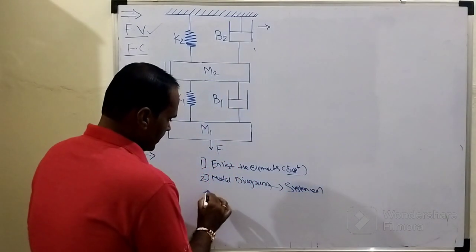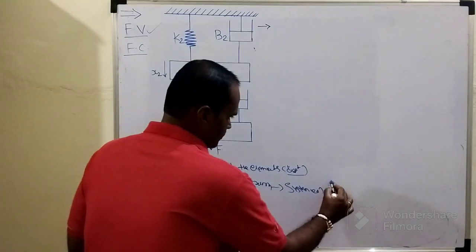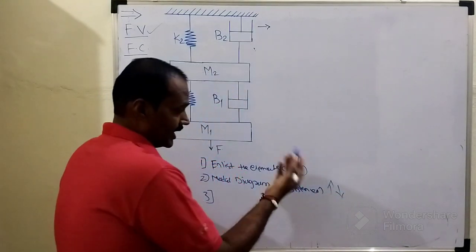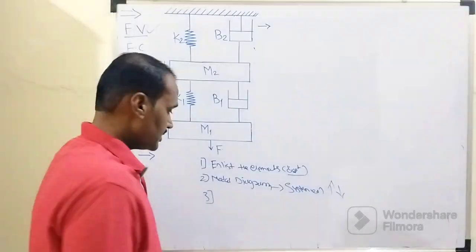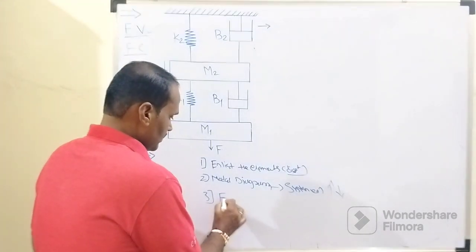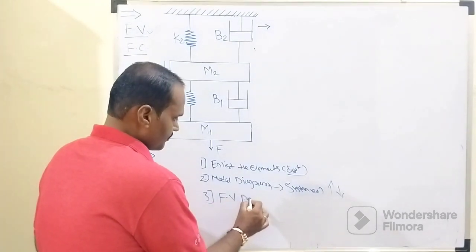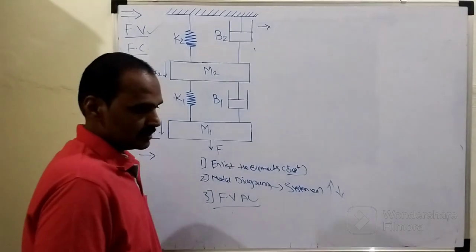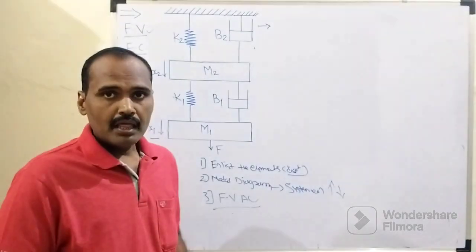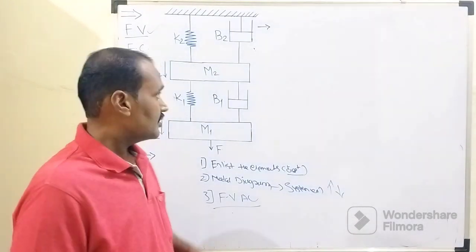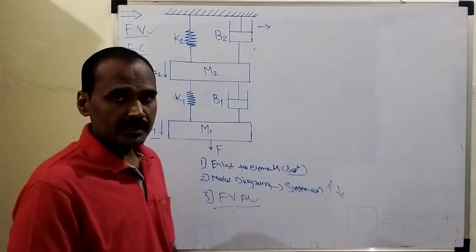From this system equation, when we apply the Laplace transform using either the force voltage or the force current analogy, we can draw the force voltage analogous circuit. So these are the three basic steps involved in this numerical, right?